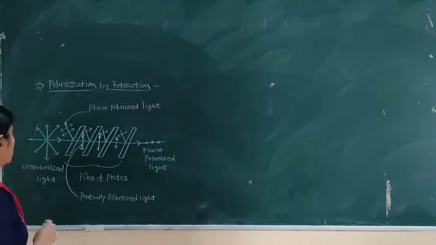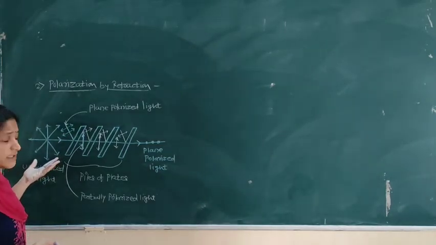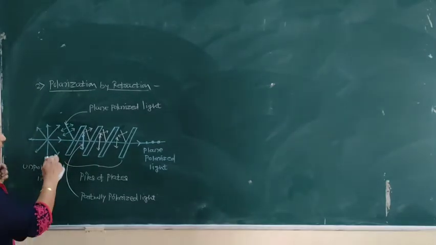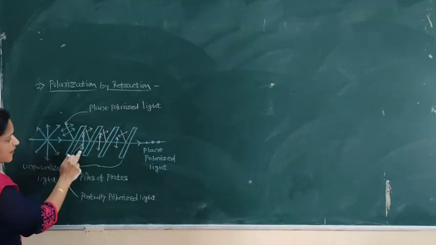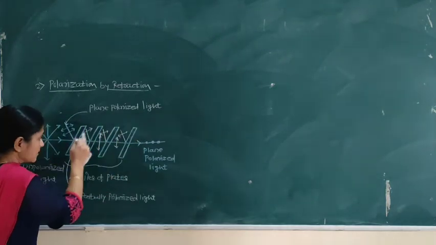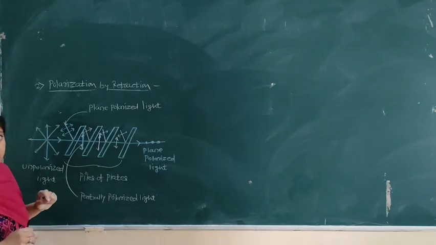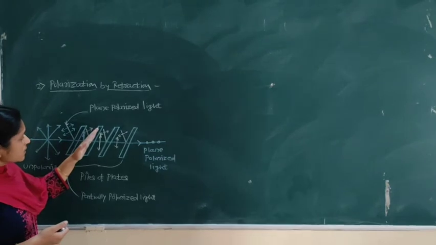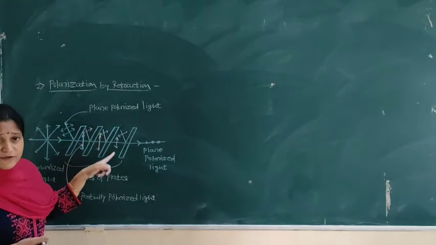Now I will explain. When unpolarized light is incident on a transparent surface, a part of the light is reflected and a part is refracted. The reflected light is known as plane polarized light and the refracted light is called partially polarized light. Again at each surface the light will be reflected, refracted, reflected, refracted.